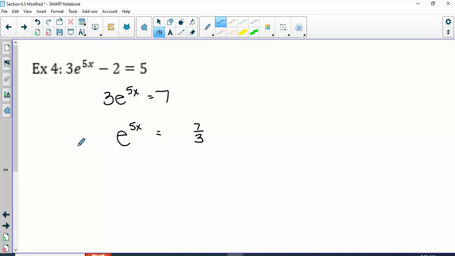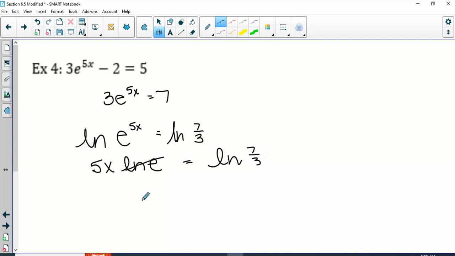The natural log, just because of the e. So the 5x comes down. When you have a natural log of e, that turns into 1. So to get x by itself, we have to divide by 5. So we have the natural log of 7/3 all divided by 5.